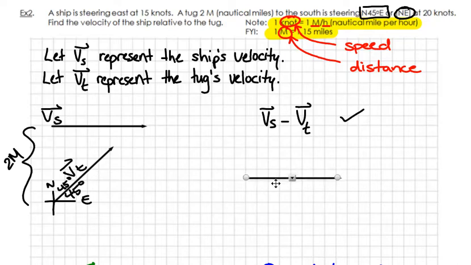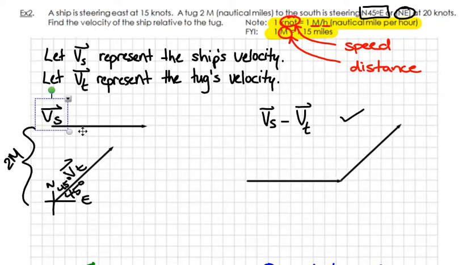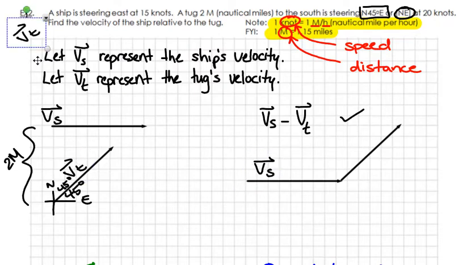We have this guy right here, and then this is tip to tail, like that. I'll copy and paste this one, put that right there. If we were to find the resultant, we would start at the tail and go all the way to the tip. Wait, hold on. But if we do that, isn't that Vs plus Vt?